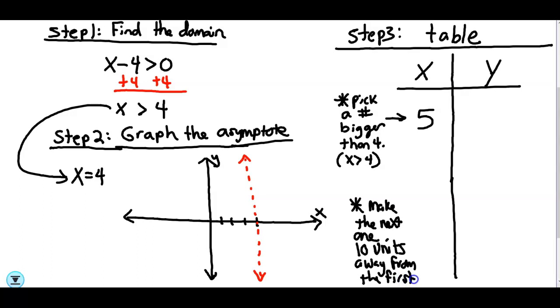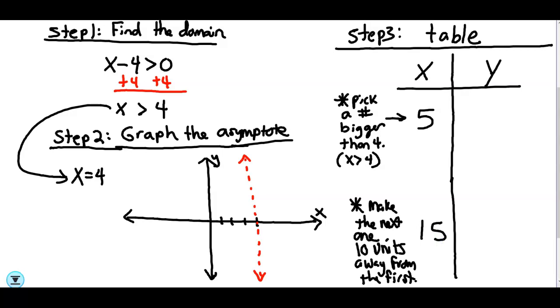I'll pause in case you guys are writing. So we could pick any other number bigger than 4, but I want to pick a number bigger than 4 that's 10 spaces away from 5. Can you guys tell me a number that's bigger than 4 that's 10 spaces more than 5? 15.